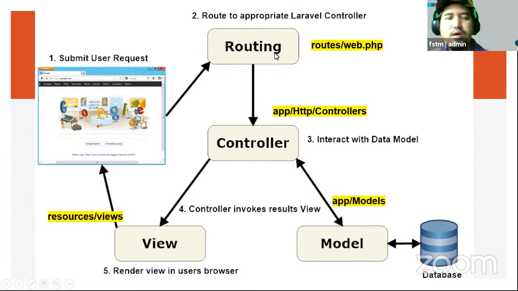We have here a route, controller, view, and the last component is model. So we have the MVC: model, view, and controller.